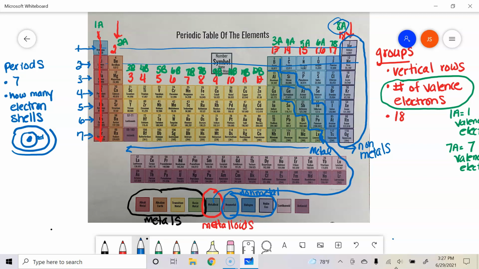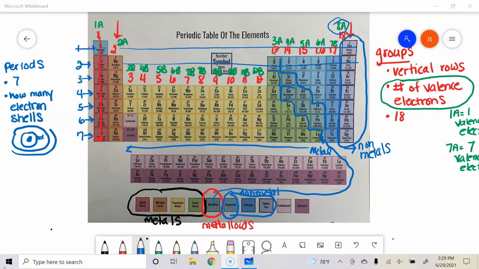All these other elements outside of the noble gases are either trying to pick up electrons, give up electrons, or share electrons in order to make their outer shell equal to 8. Next week, we're going to talk a lot more about these noble gases, and I'll show you some electron configurations that show you how these all end up with 8, even though they have a wide range of different numbers of protons.